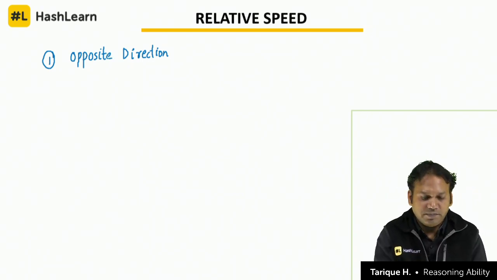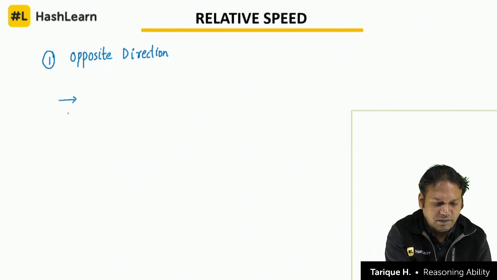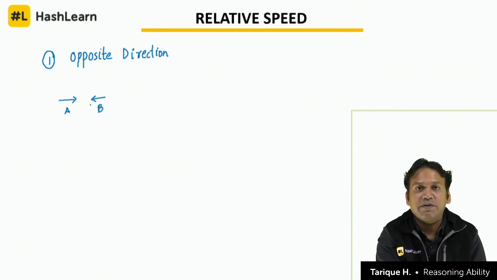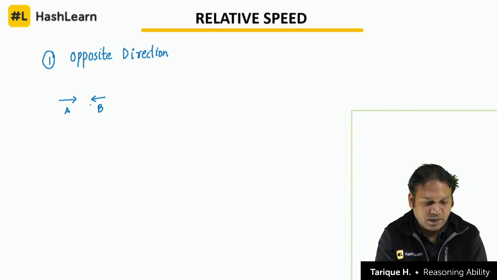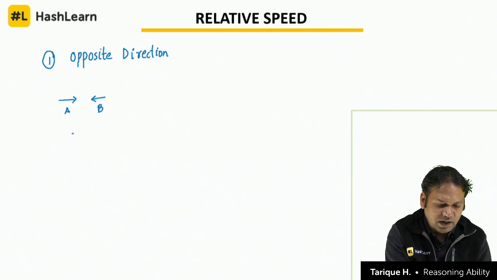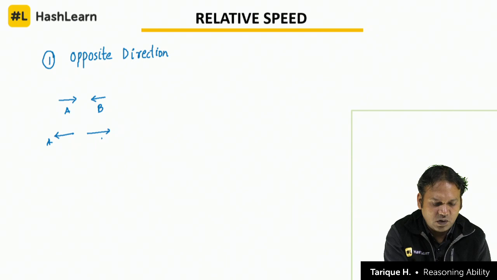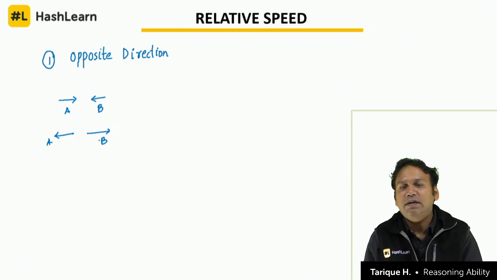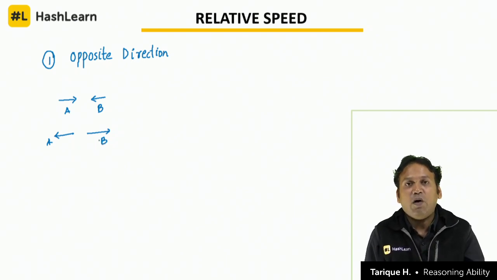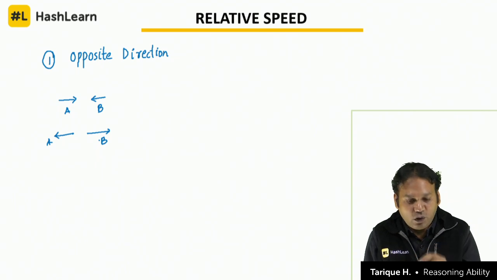Let's say A is coming from this side and B is coming from this side. You can see very clearly that these two objects are moving in the opposite direction. At the same time, suppose A is going away this side and B is going away this side, that is also opposite direction. Clear?